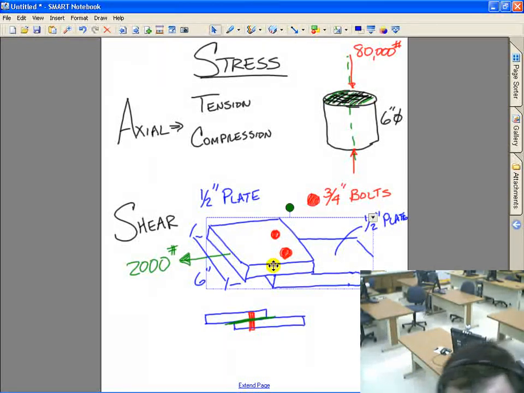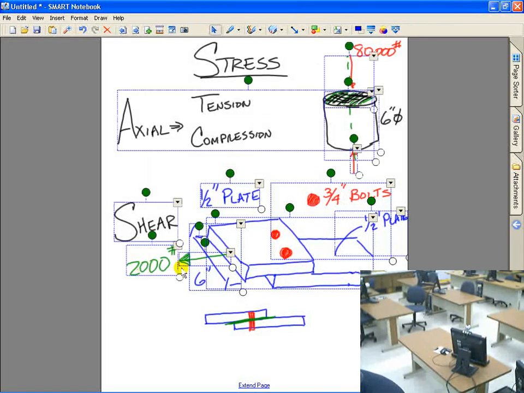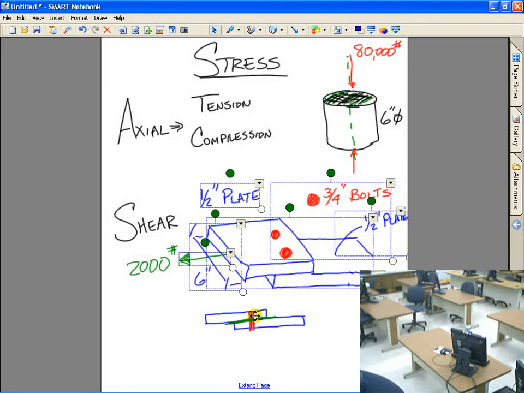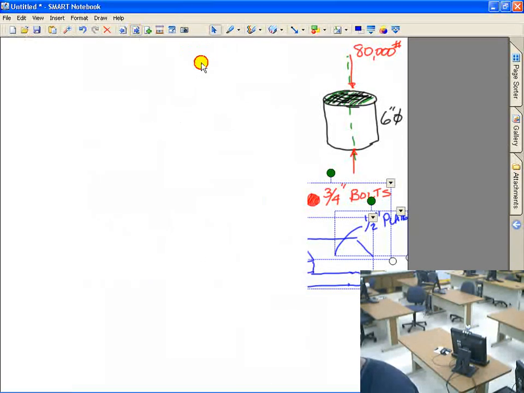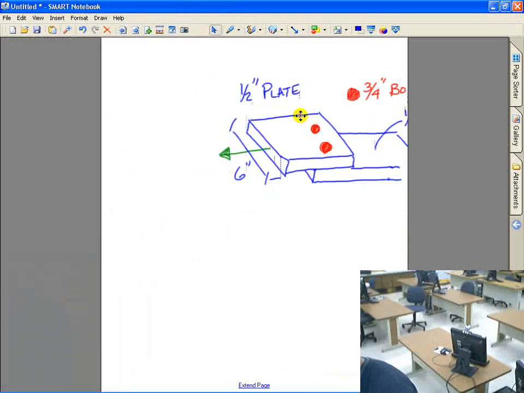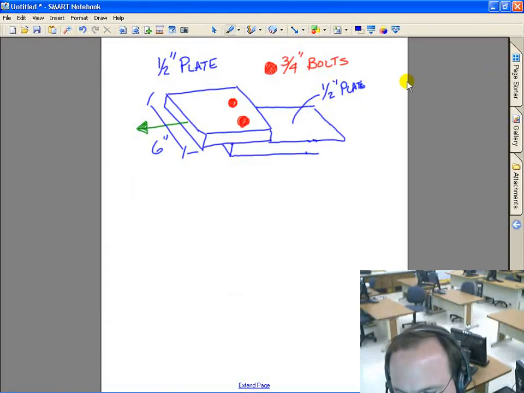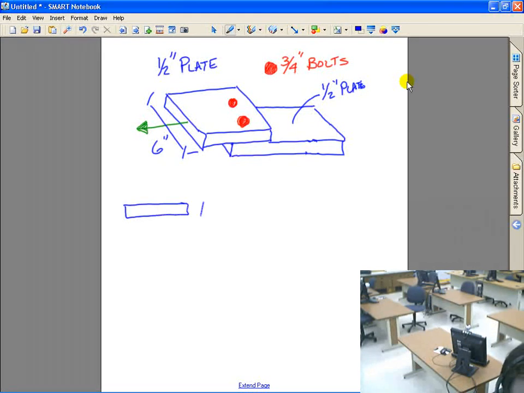So, on the plates themselves, what do we have? On the plate, we have an axial stress that's tensile.